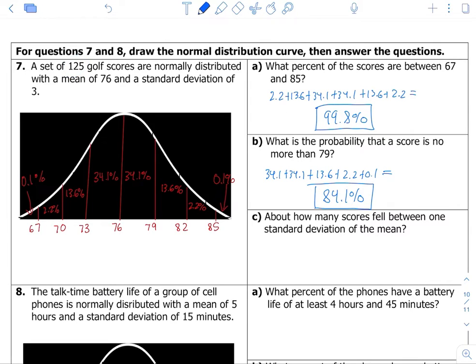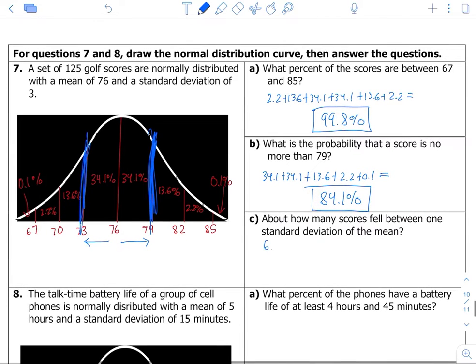So when you look between one standard deviation away on each side, they're talking about between that. How much percentage is within one standard deviation? And it's 34.1 plus 34.1, which is 68.2%.